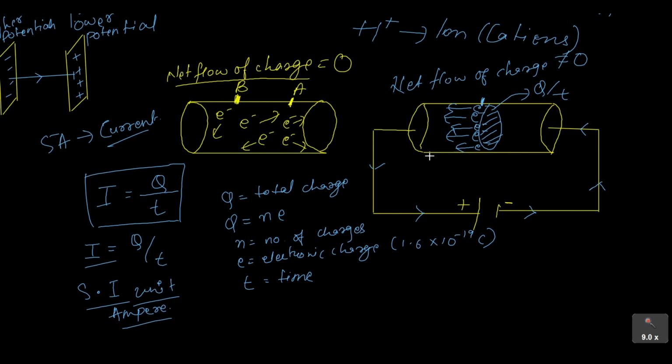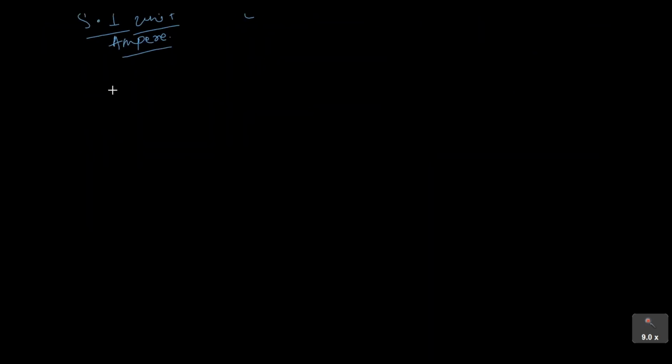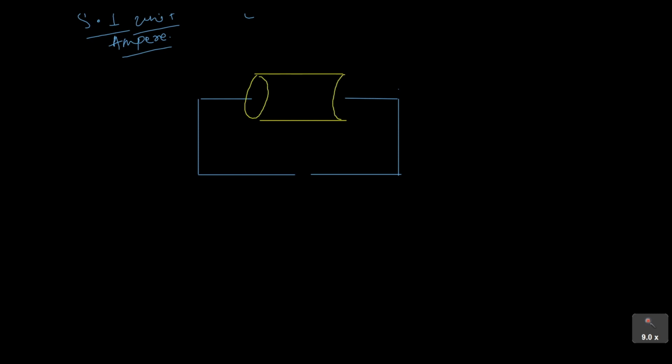So now let's determine the direction of current. How do we define the direction of current? I will make a simple circuit out here. This is a conductor, just a magnified view of a conductor, to show in what direction the electrons will be traveling.